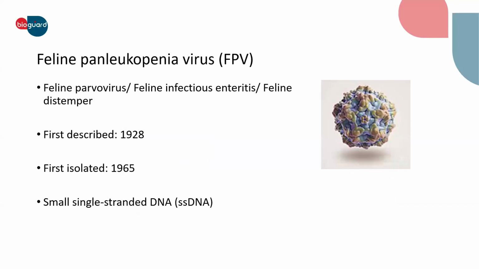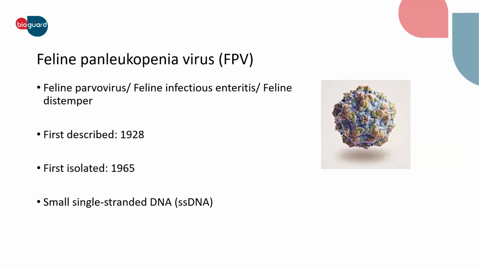So for feline Parvovirus, or FPV for short, sometimes it's also called feline infectious enteritis, or even an old term, feline distemper. All of them are talking about the same disease or the same virus.